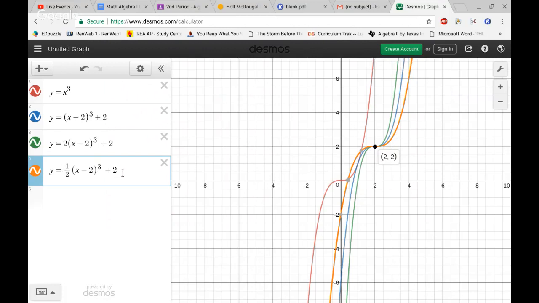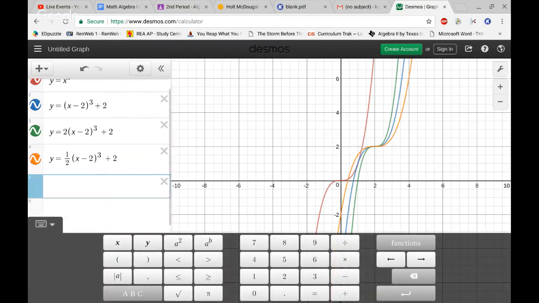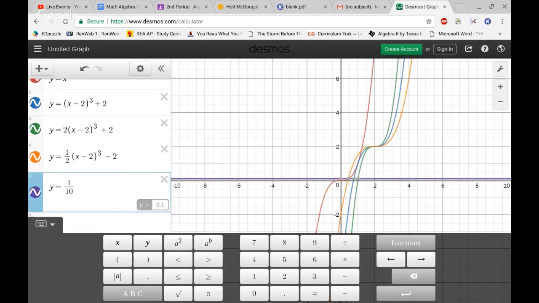Other than that, it doesn't really change what you're going to say on a quiz, as far as shrinking and stretching, because the green is just getting a little skinnier.